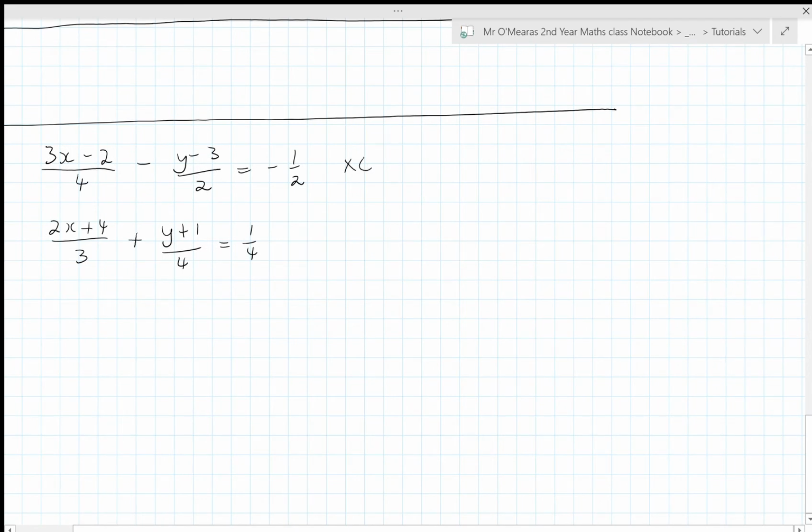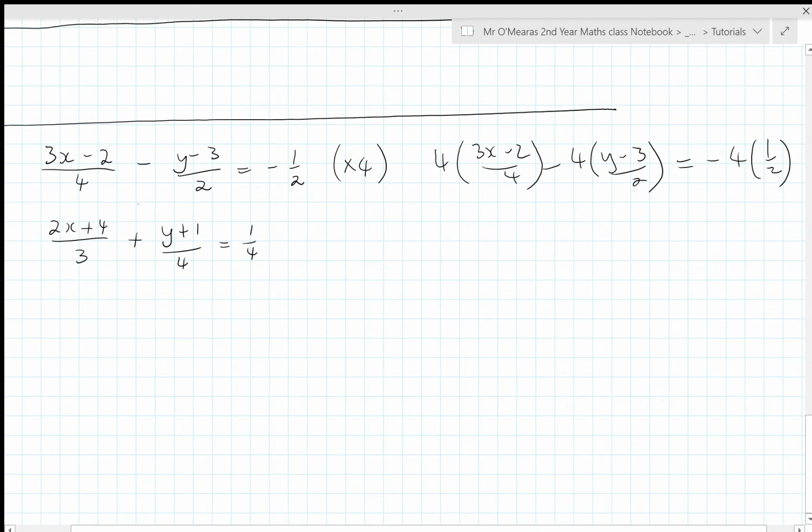So you multiply the first line by 4. Okay, so that gives us 4 times (3x minus 2) over 4 minus 4 times (y minus 3) over 2 equals minus 4 times a half.